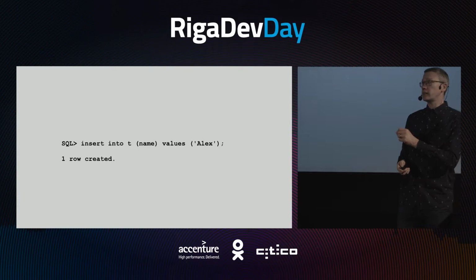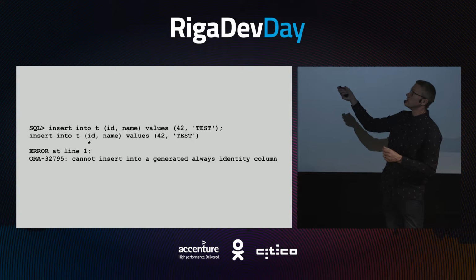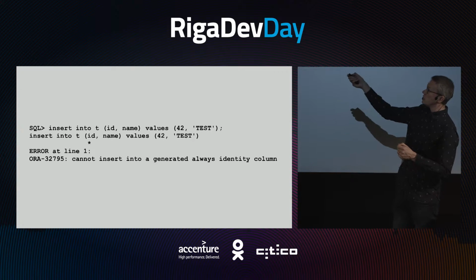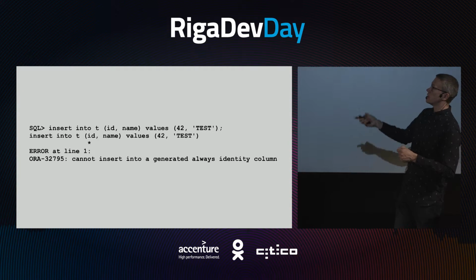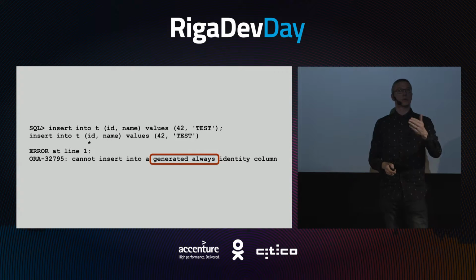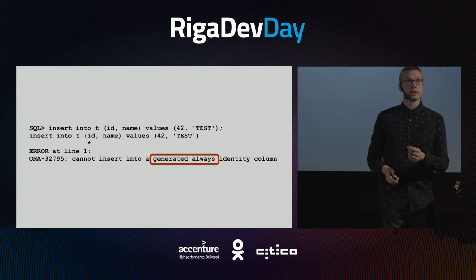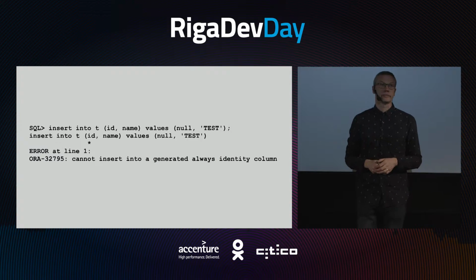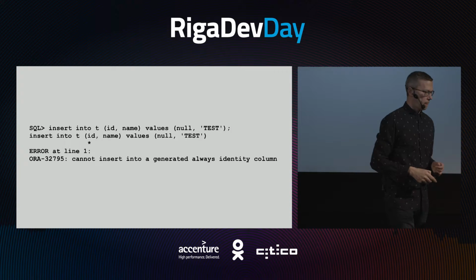The thing with identity columns is you cannot set your own values there. Insert into T 42 and a name, it will say you cannot do it because it's generated always. It will always generate a key for you. Even if you specify a null there, it won't allow you to.